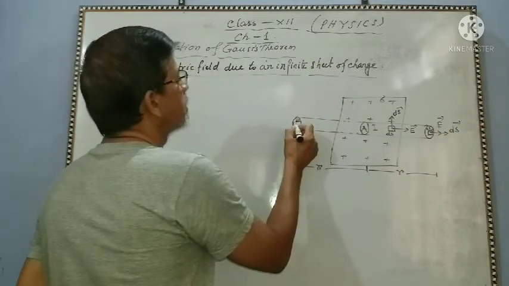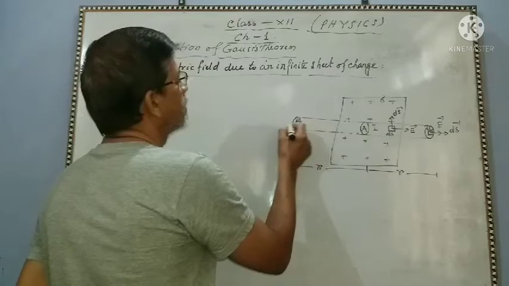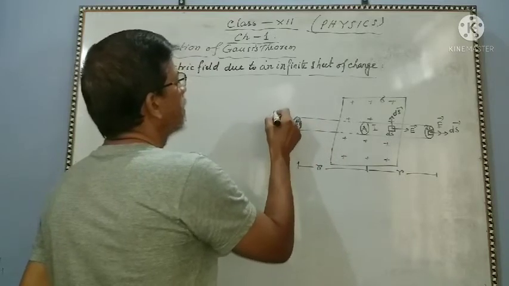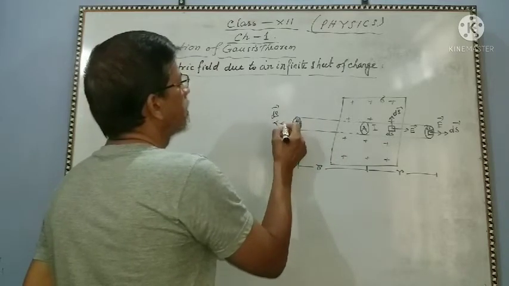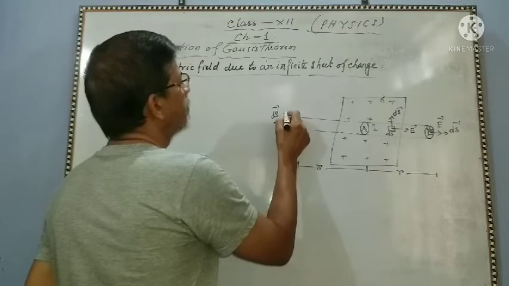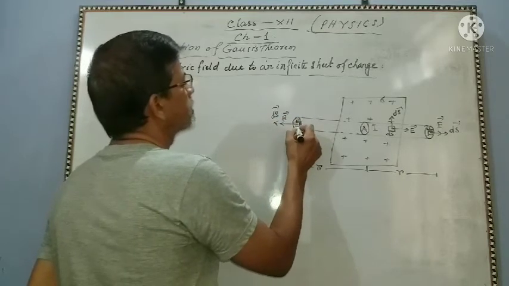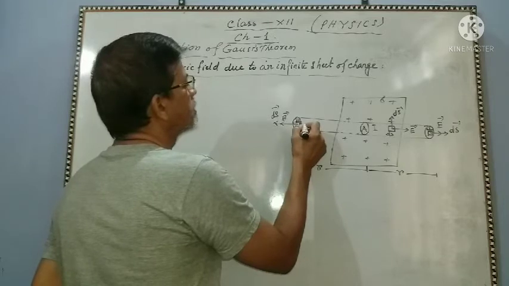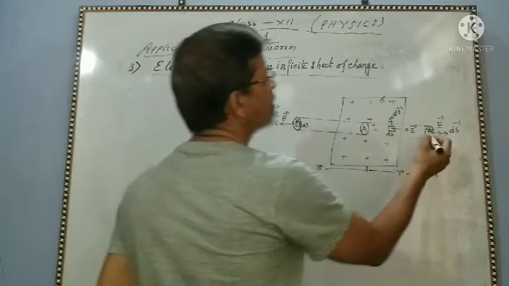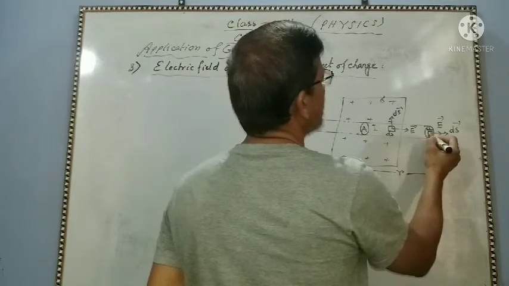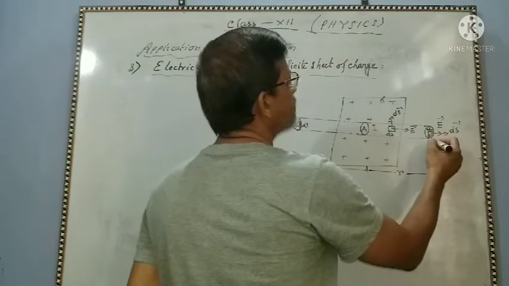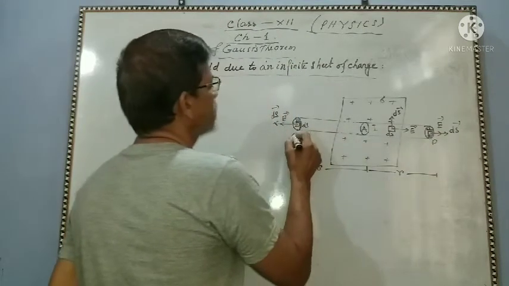Here also we have taken ds vector, and this is the electric field E vector. Say this point is P, this point is Q.